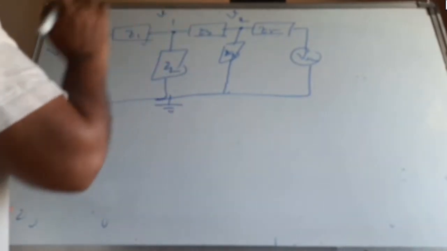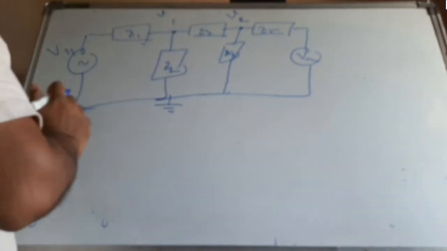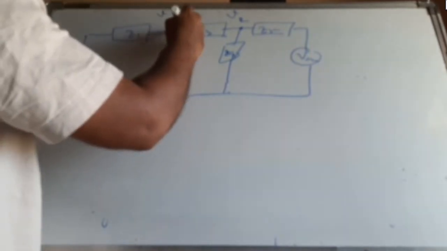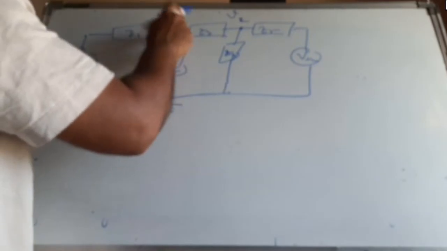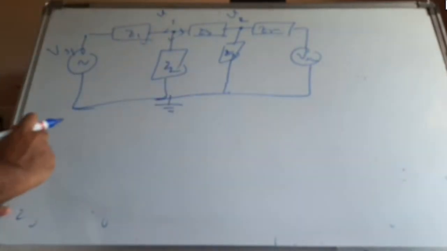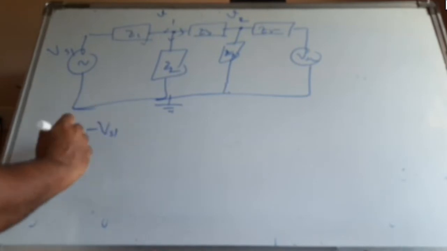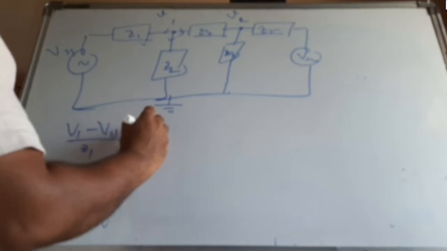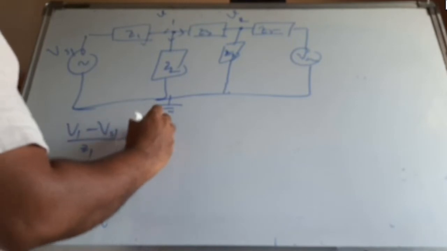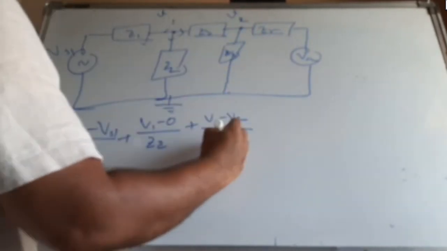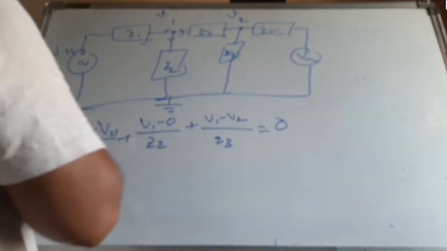Now take V1. For V1 I have to apply the current division. There are three currents here, I1, I2 and I3. So you can see that (V1 minus Vs1) by Z1 plus (V1 minus 0) divided by Z2 plus (V1 minus V2) by Z3 is equal to 0.